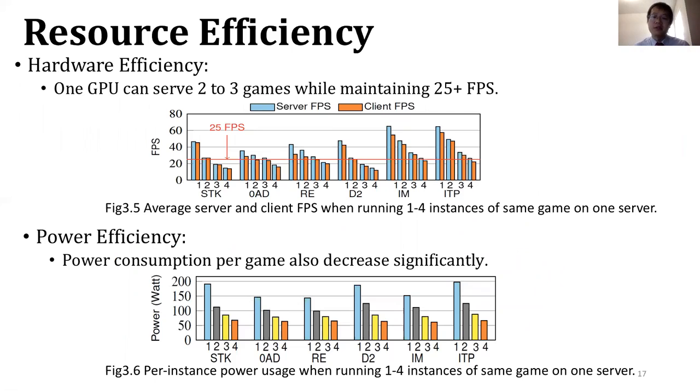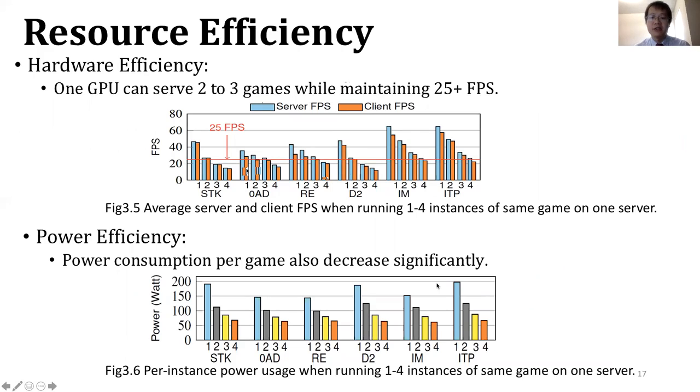We will talk about the resource efficiency in this slide. The first figure shows the average server IPS and client IPS when running 1 to 4 instances of same game. From this figure, we can learn that one GPU can serve 2 to 3 games while maintaining FPS above 25.